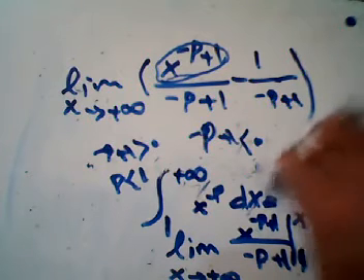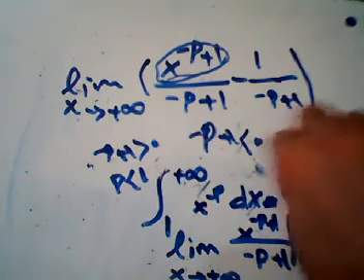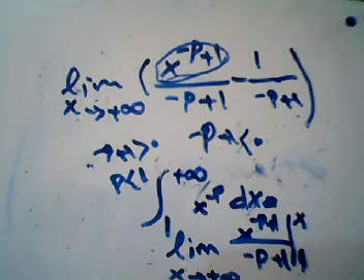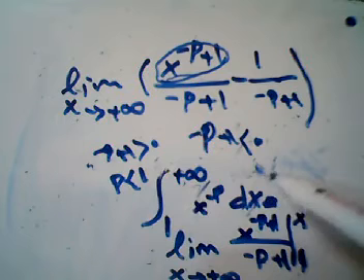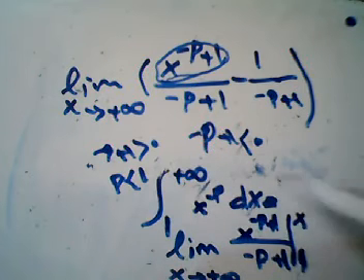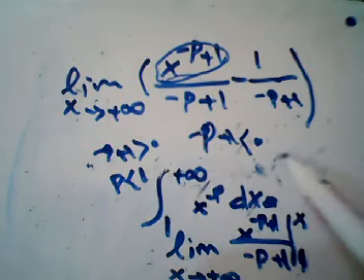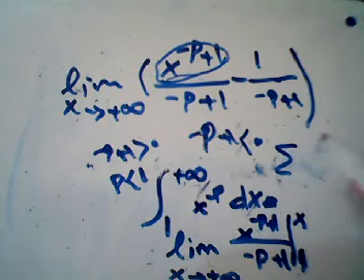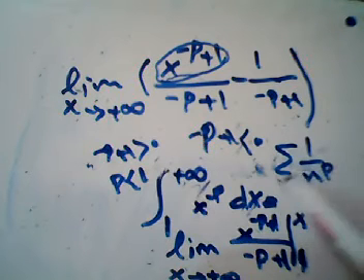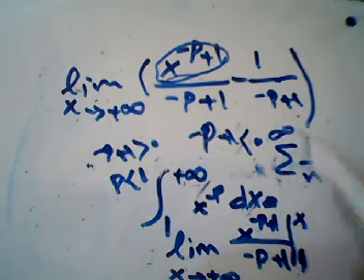So let's just consider the cases, the values for p which are not equal to 1. Okay, so if p is smaller than 1, this integral doesn't exist, and so our series diverges.